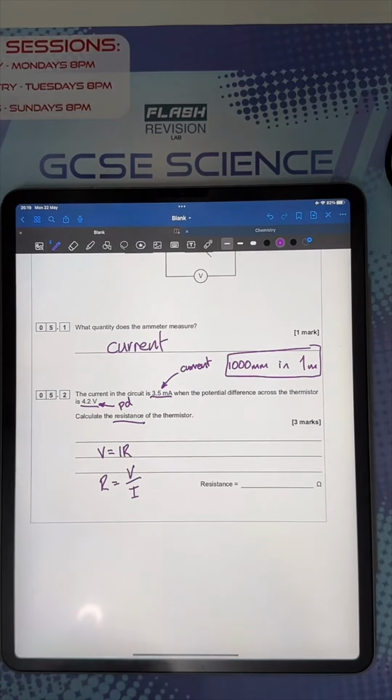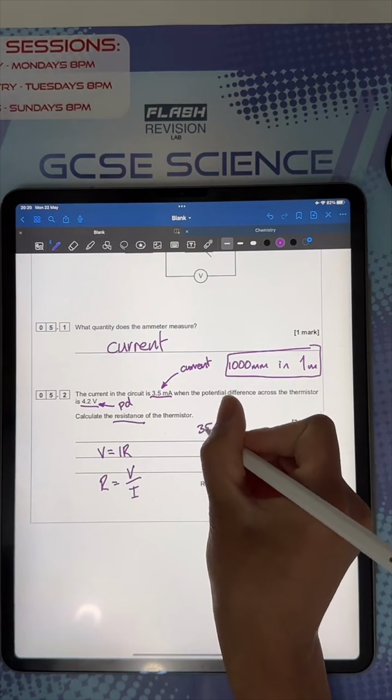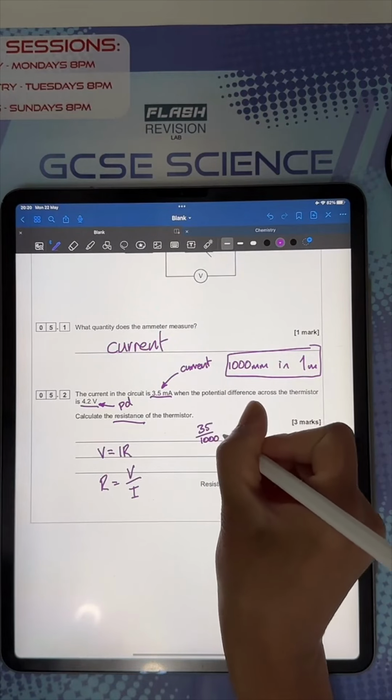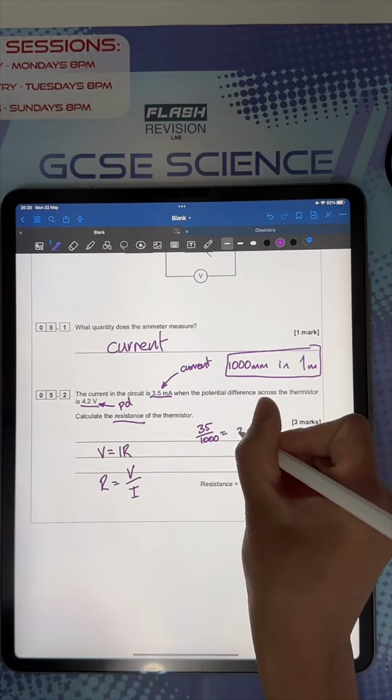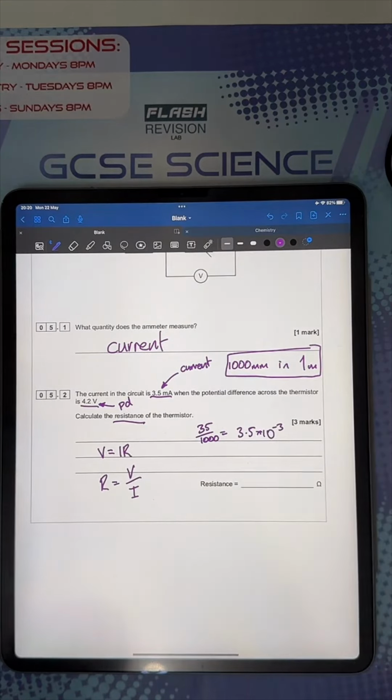So how do you work out the number of amps? Divide by 1,000. So your first stage of your calculation is going to be 3.5 over 1,000, which is 3.5 times 10 to the minus 3.